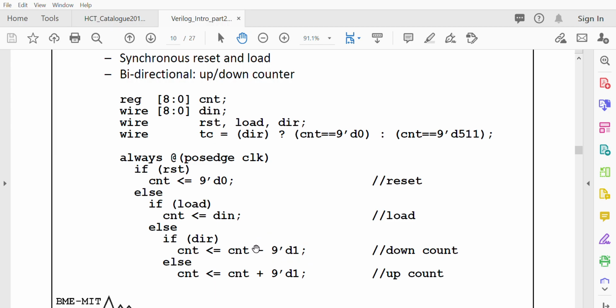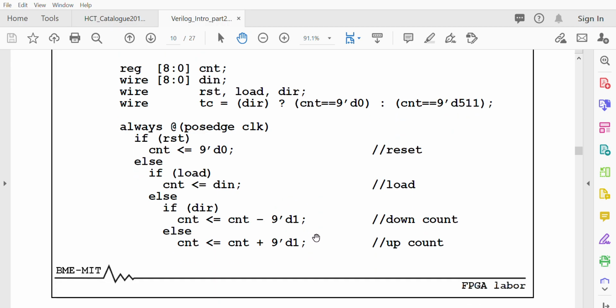It will take the maximum for the register. So it will transform it into 32 bits first, and since count is 9 bits, it will transform it back to 9 bits automatically. The compiler does that without any problem. However, it's better for clarity of the code, so that you don't make any mistake, to write it this way.